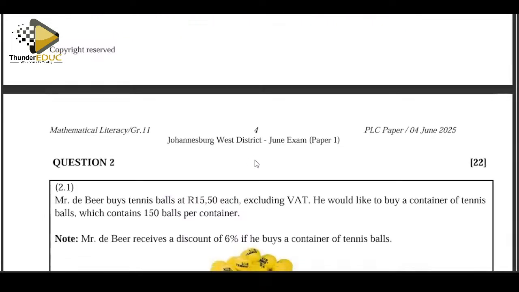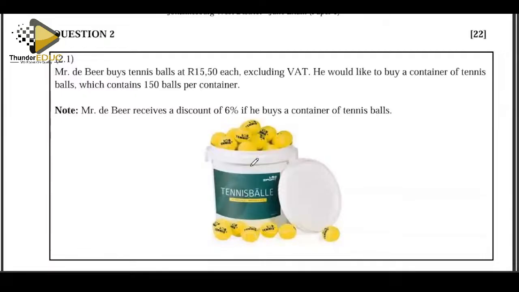Let's go to question number 2. Question 2.1. Mr. DeBeg buys tennis balls at 15 rand 50 cents each, excluding VAT. He would like to buy a container of tennis balls which contains 150 balls per container.